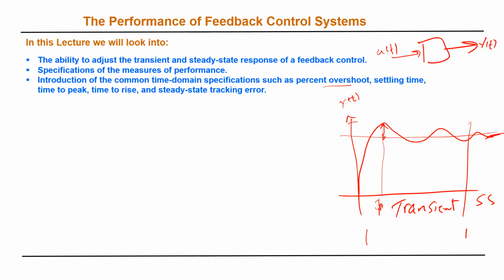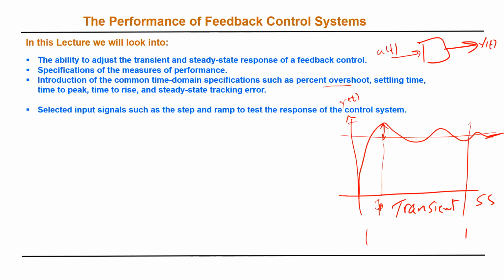But those are specifications we will be using in addressing the second order system. The steady state error is very important. What we are going to do is study special inputs for the system: step, ramp, and possibly parabolic.